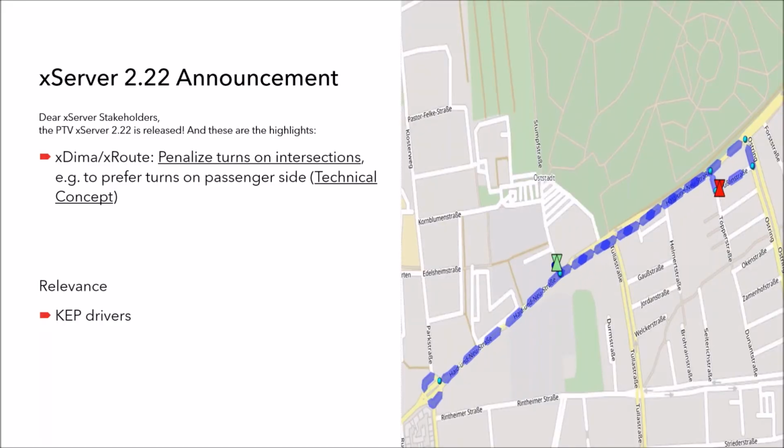Maybe your needs for your company might differ, and also maybe differ completely. So you want to prefer turning on the driver's side. There we can adjust the value to your needs and provide you with a result you can then use with custom.